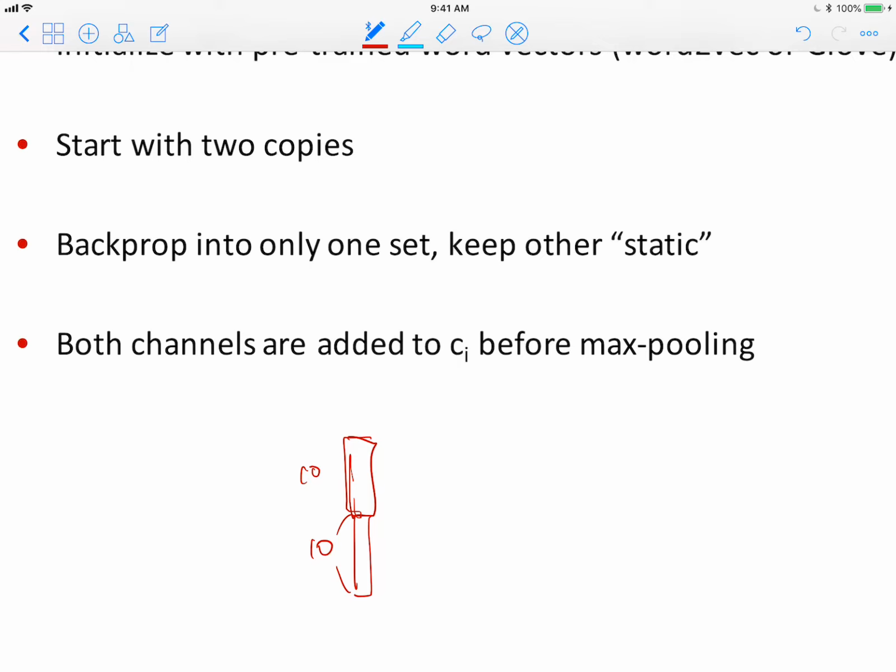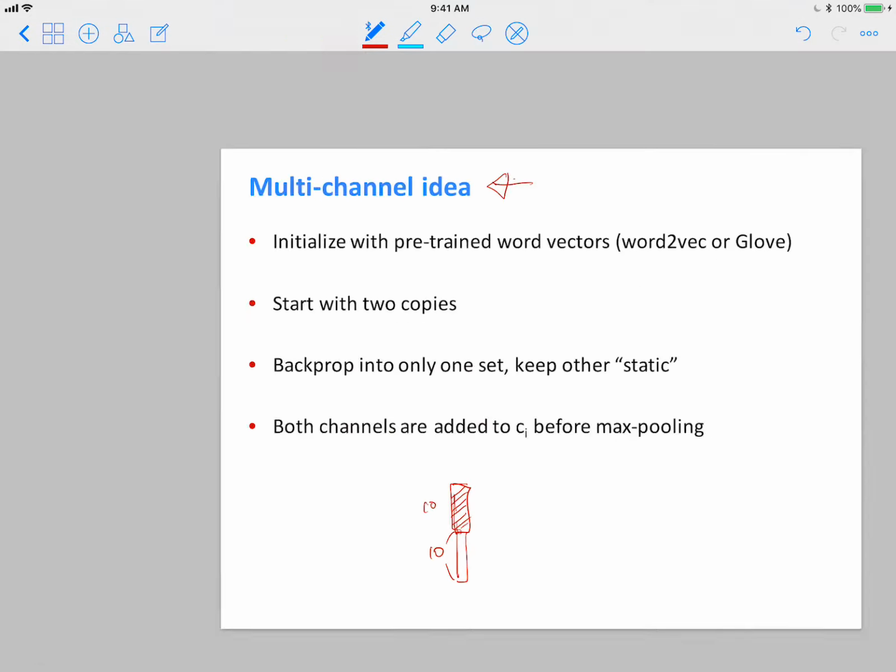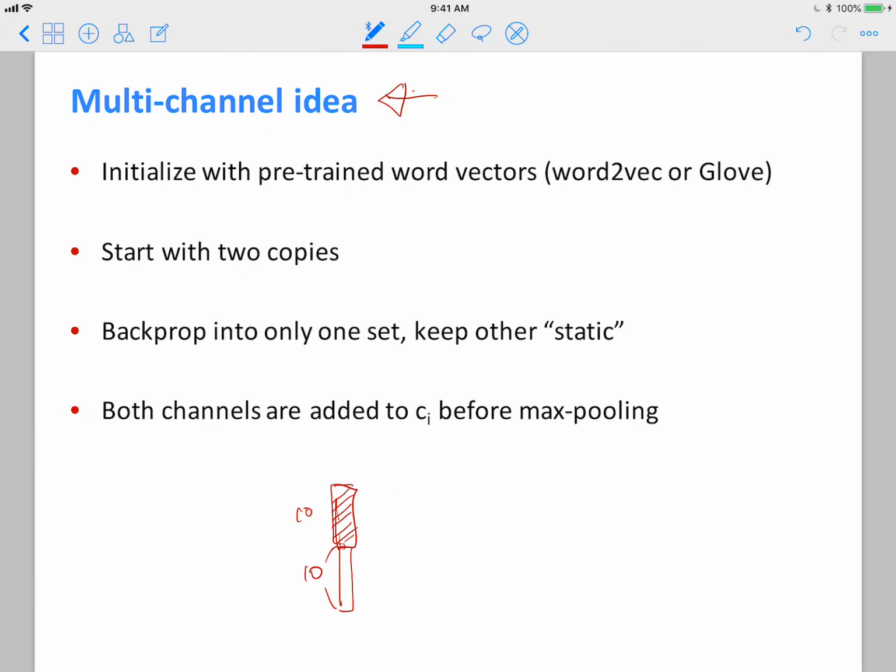When doing text classification or any of our machine learning or deep learning training, we will only train or fine-tune this part, right? So that's how this multi-channel idea works.